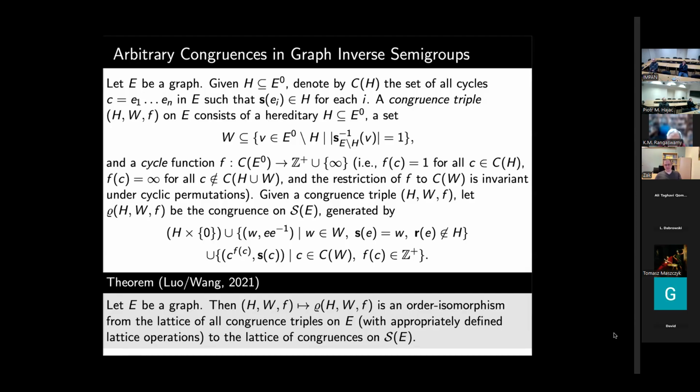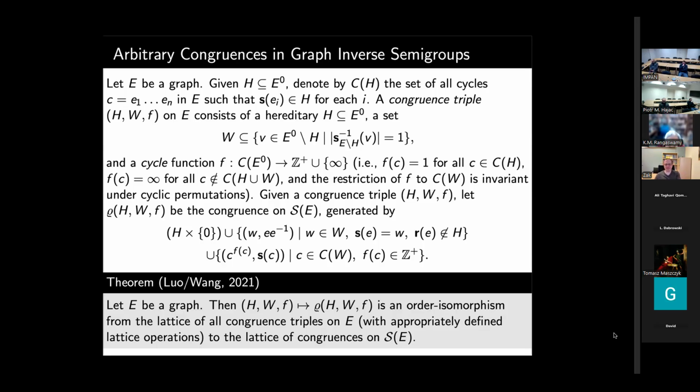They describe the lattice of congruences on a graph inverse semigroup using, again, these triplets. In this case, the first component consists of a hereditary set of vertices. The second component is this other set of vertices. They morally correspond to breaking vertices.